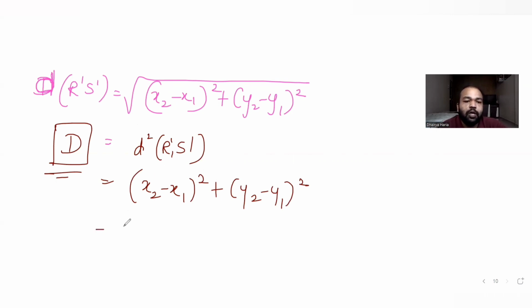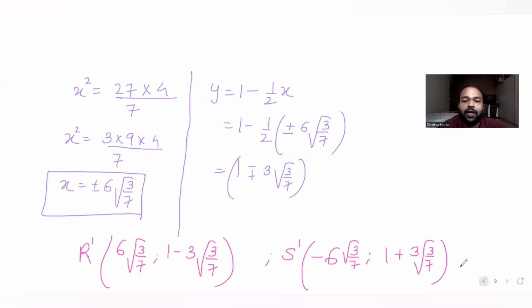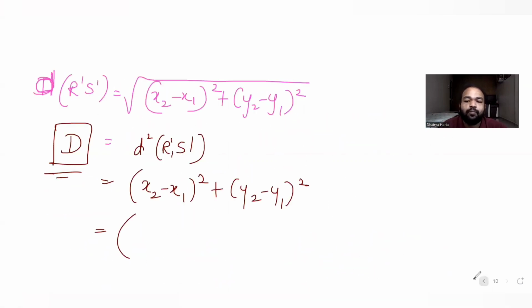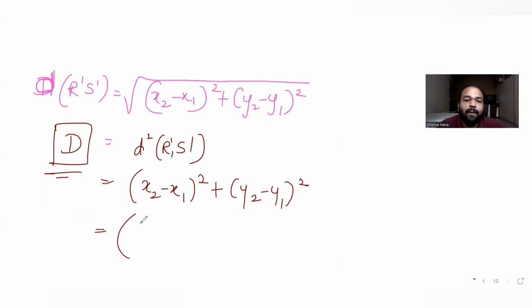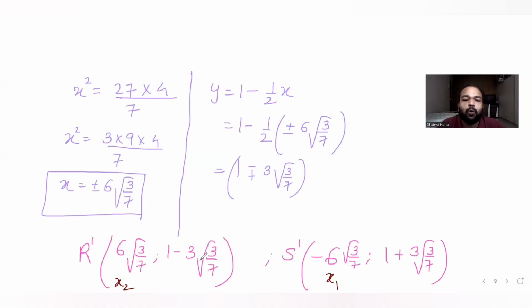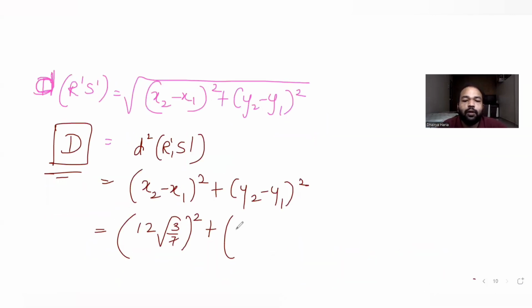So x2 minus x1, this minus this, it becomes 6 plus 6. So it becomes 12 root 3 by 7 the whole square plus y2 minus y1, so 1 minus 3 root 3 by 7 minus 1 plus 3 root 3 by 7.